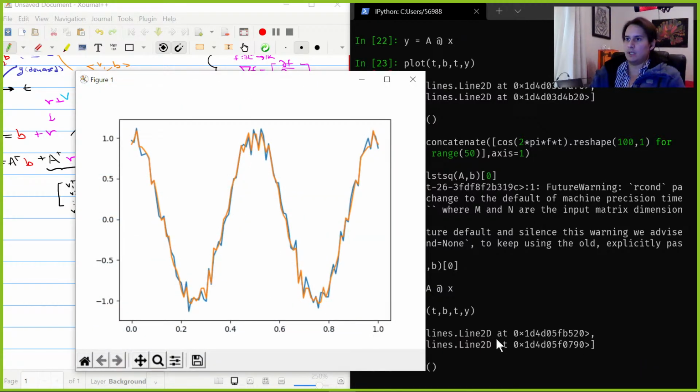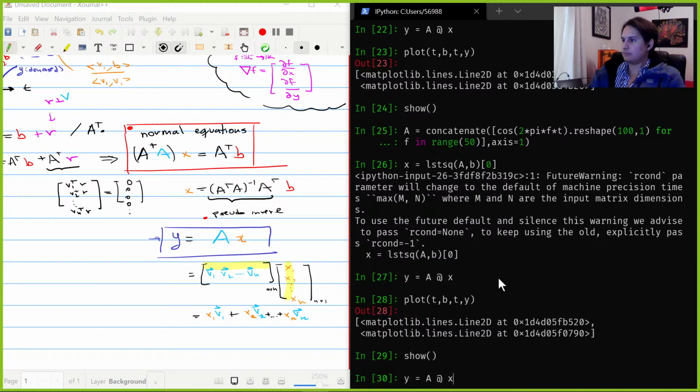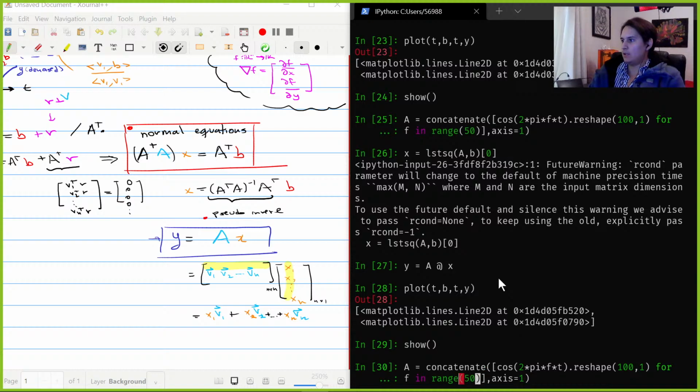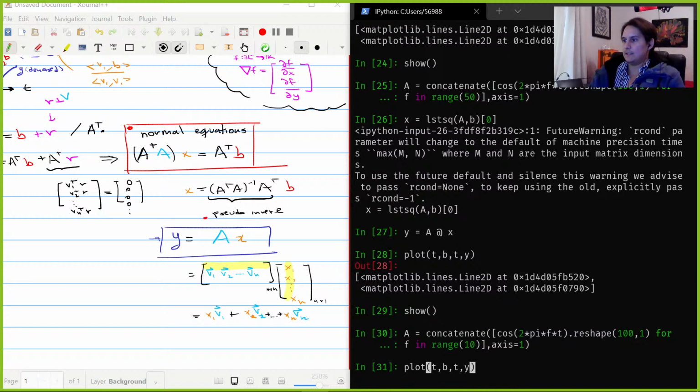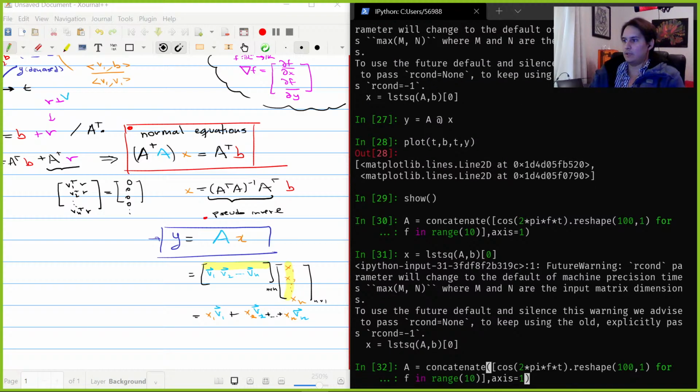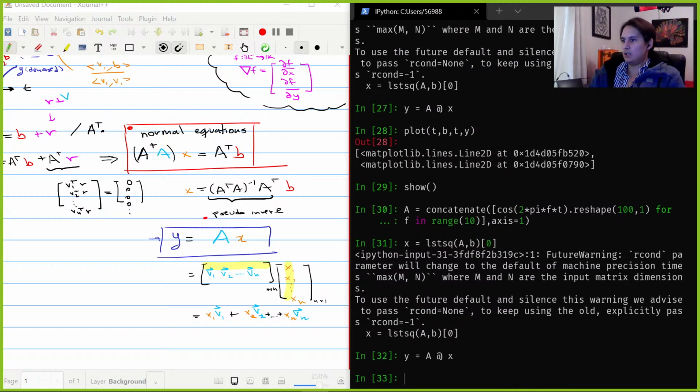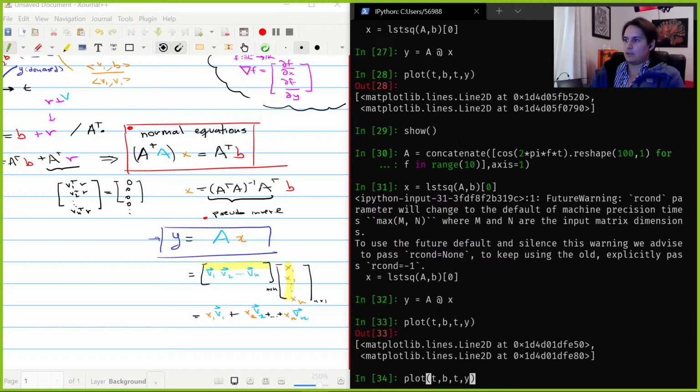Show. It's a little bit better, but still not enough. Now what happens if we put 10? Solving the least squares problem, then the orthogonal projection, and plotting the results.